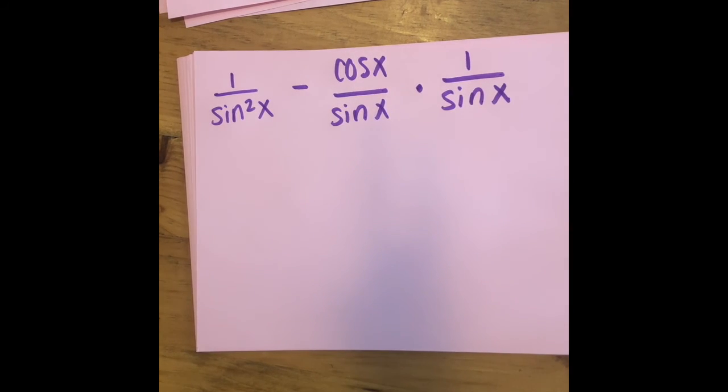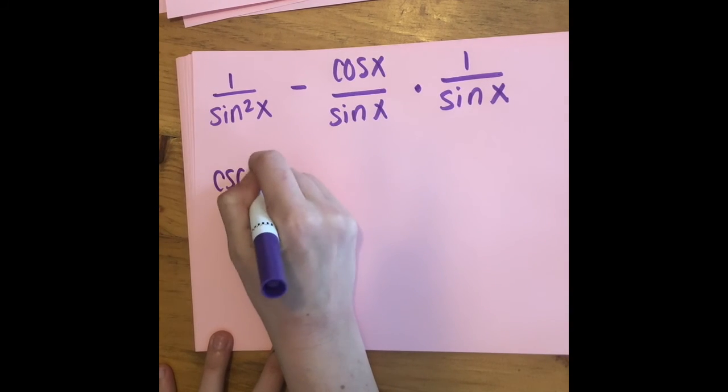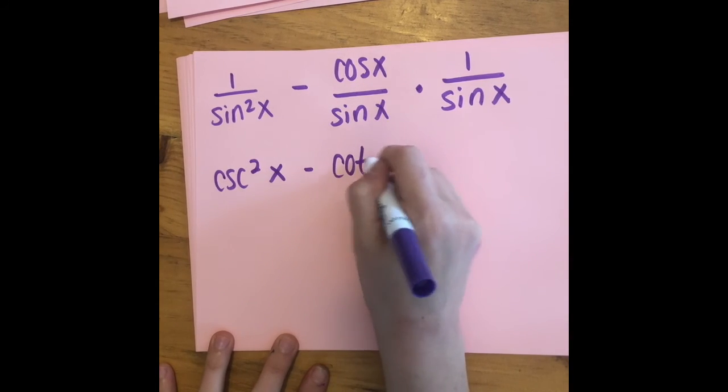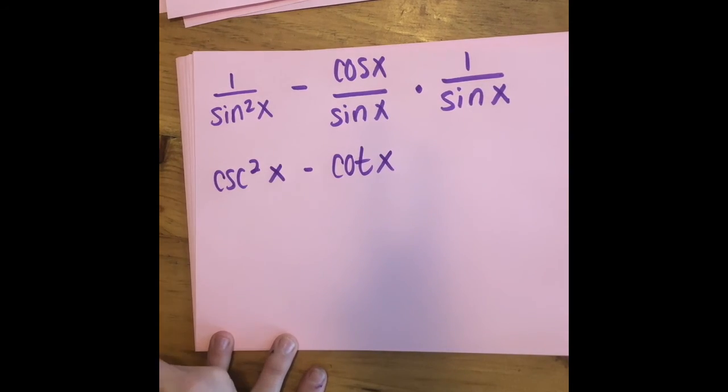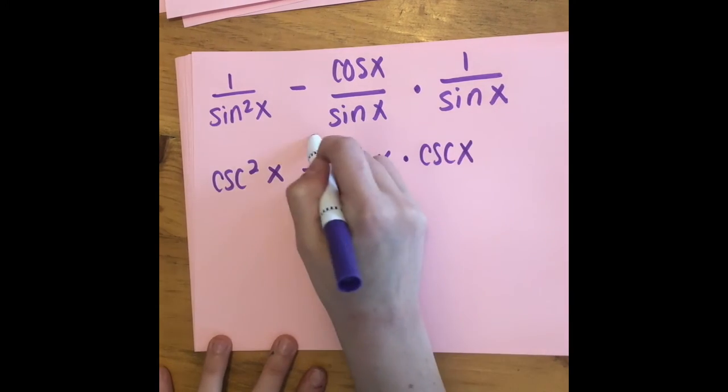And now we're going to use our properties. Well, sine squared's reciprocal is cosecant, so this is really just cosecant squared of x. Cosine over sine is cotangent of x. And 1 over sine is cosecant of x. So this is our final answer.